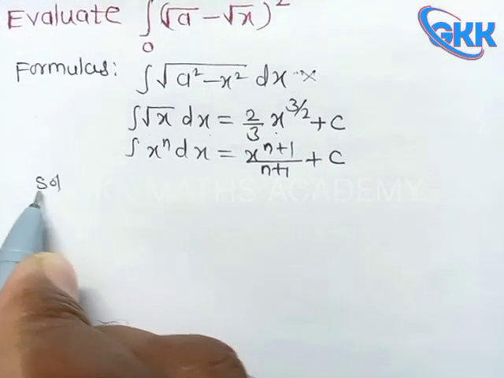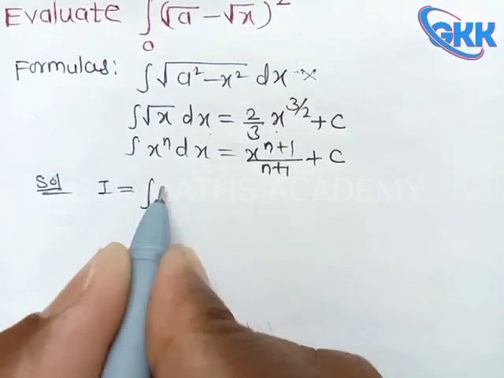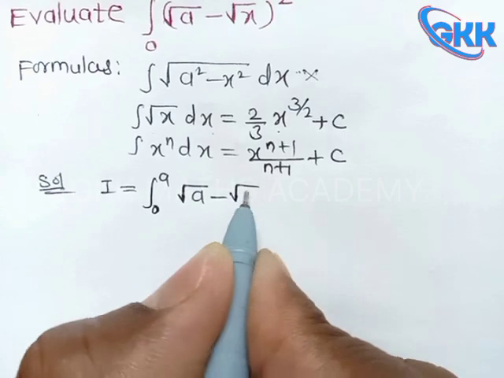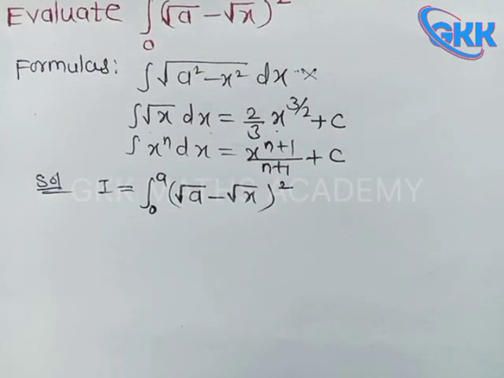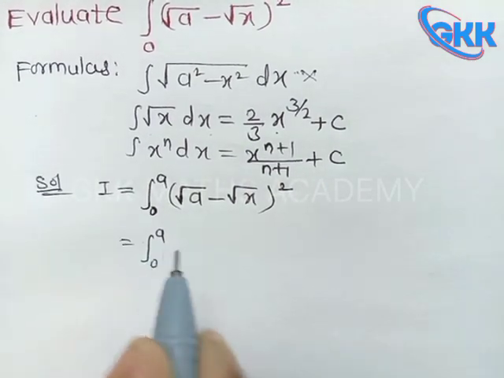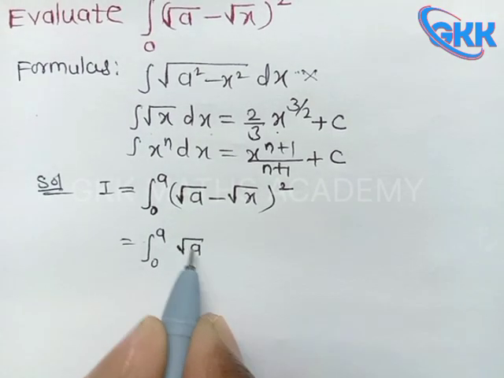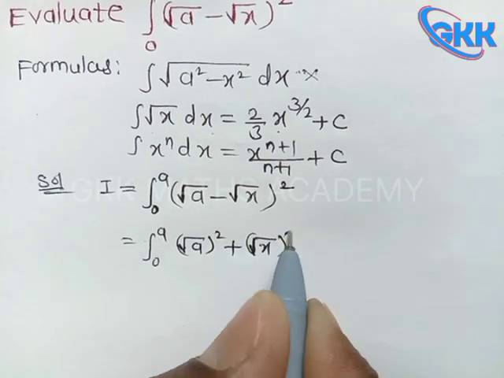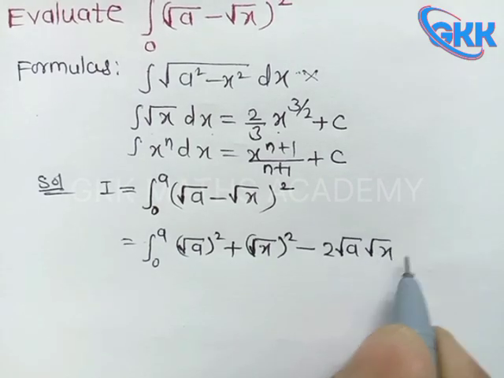See the solution. Let I equal integral from 0 to a of square root a minus root x whole square. Now I am going to write the a minus b whole square formula: square root a whole square plus b square, root x whole square, minus 2ab.